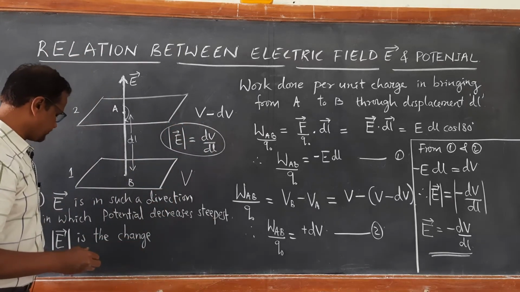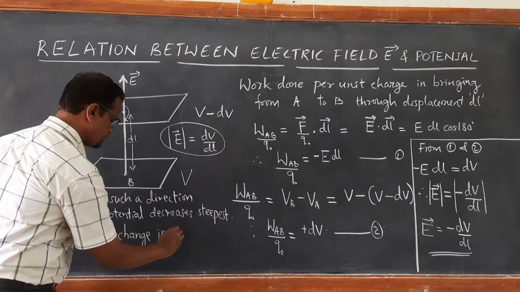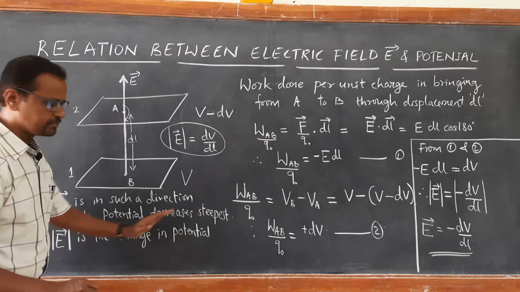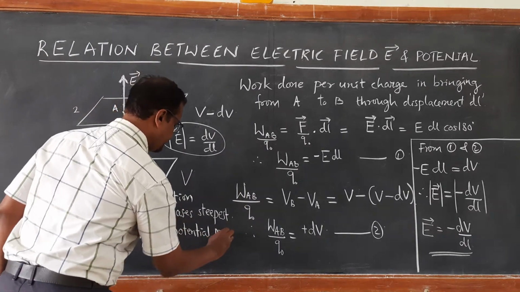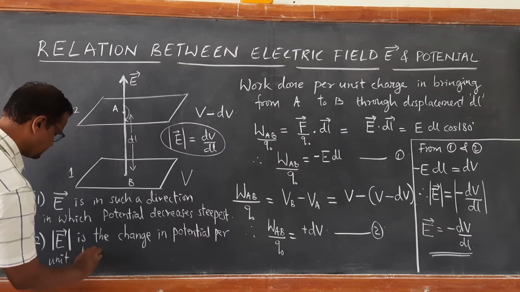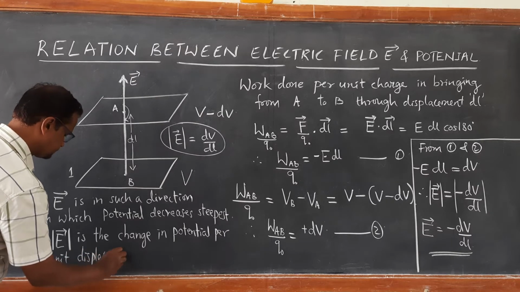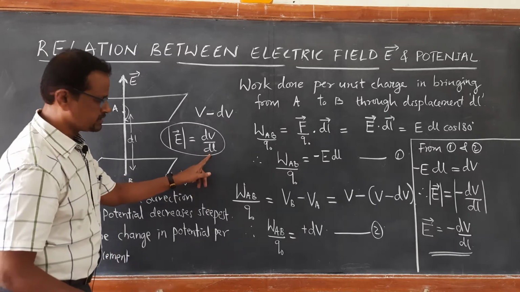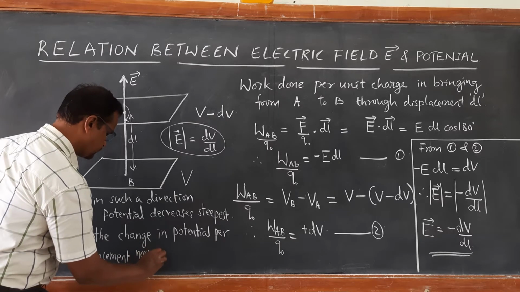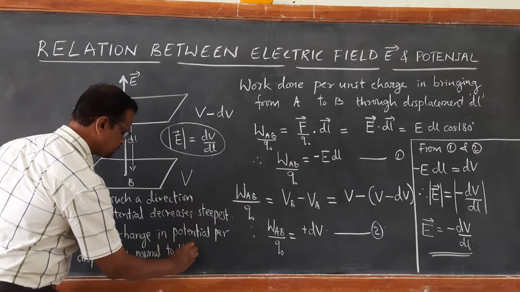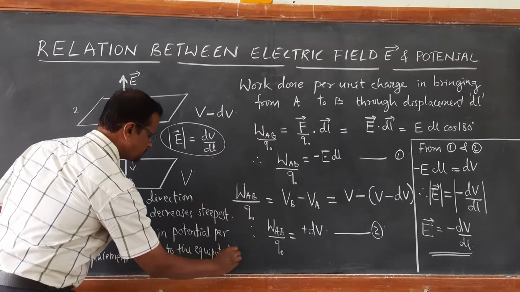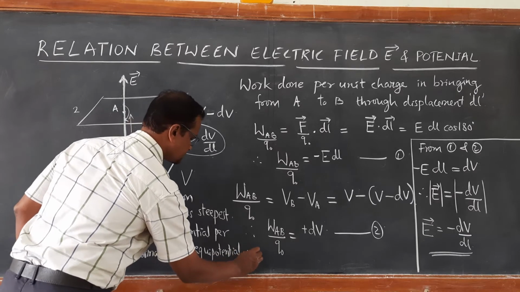So the magnitude of electric field is the change in potential, that is potential difference, change in potential per unit displacement dl, per unit displacement normal to the equipotential surface.